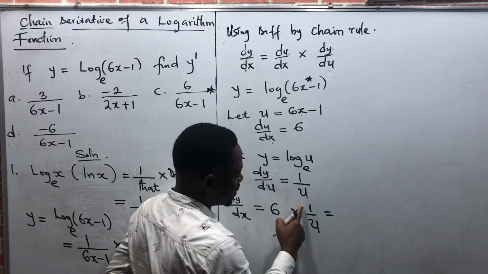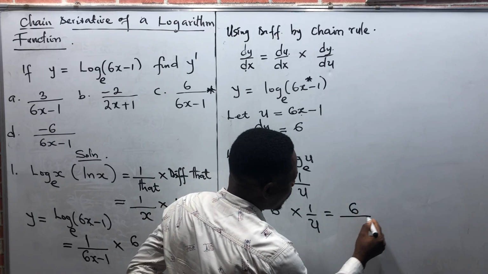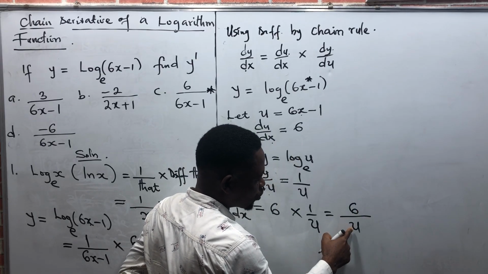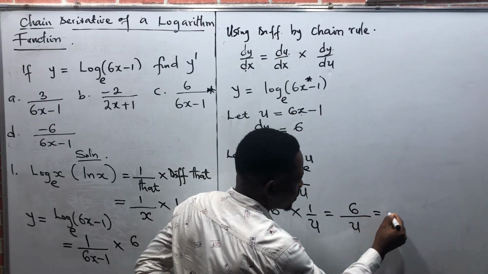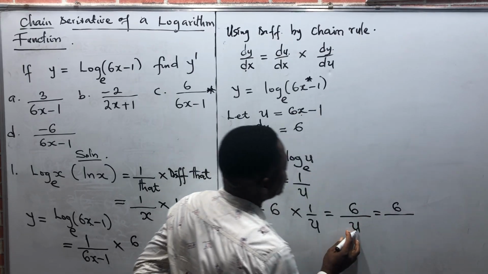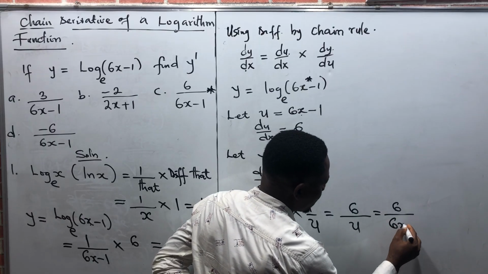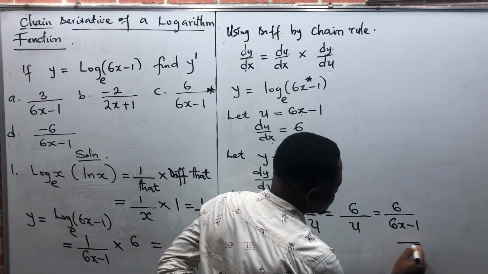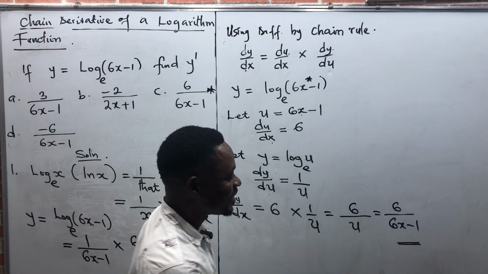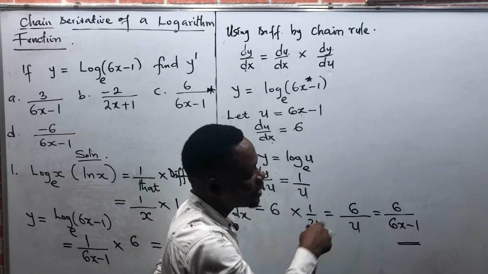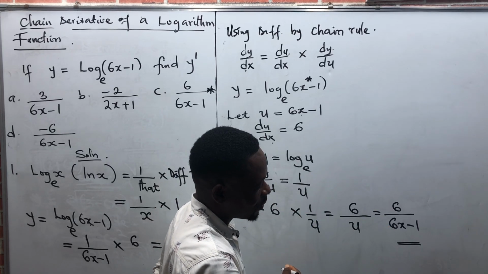Then multiply: 6 times 1 will give you 6 all over u. So substitute for u. Go to the question, what is u? u is 6x minus 1. This is what we call differentiation by chain rule. Can you see that now? It has corresponded with the shortcut that I taught earlier. Are you with me now?